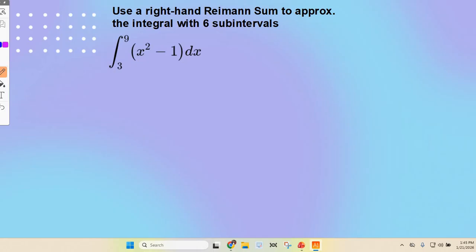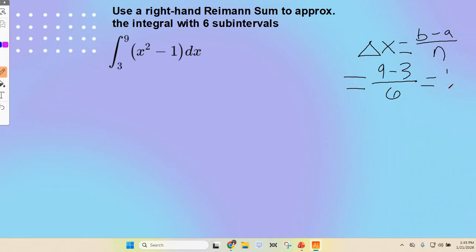Alright, so this is our A, this is our B. So to find our change in x, or our width, remember it is B minus A divided by N. So we have 9 minus 3 divided by, and they tell us that we want 6 subintervals. So what do we get? 1. That's nice. We like it when we get 1, because then we don't even have to multiply by anything at the end. Okay.